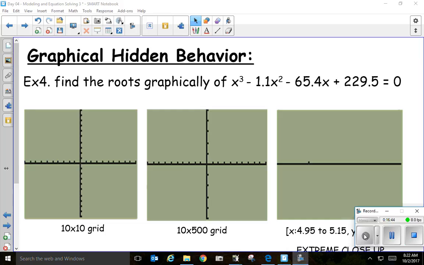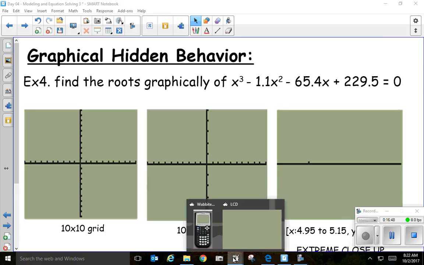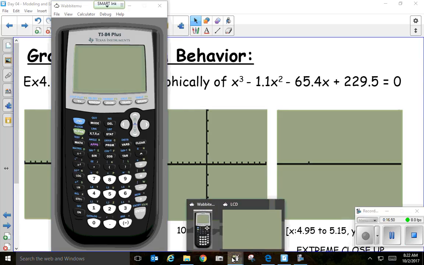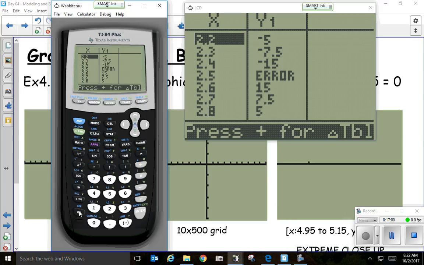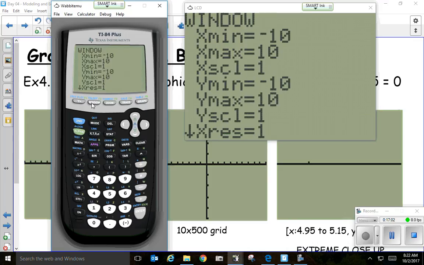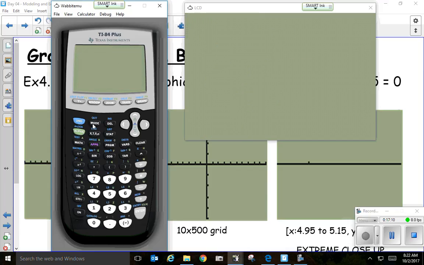All right, so we have a new function here. But I want to show you an easy way to reset your window to 10 by 10. If I turn this on, I don't even know what my window's at. Let's say I do 100 by 1,000, whatever, and I want 10 by 10 but don't want to go back and put -10.